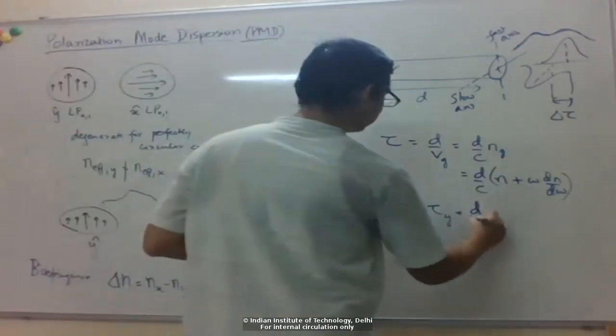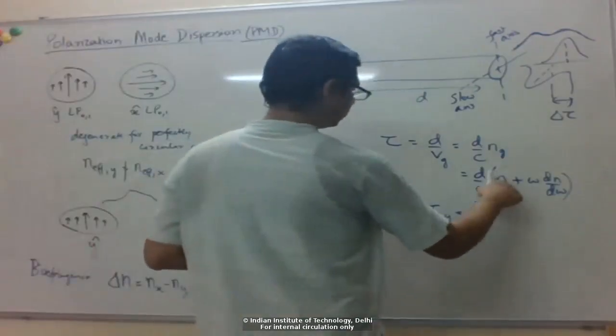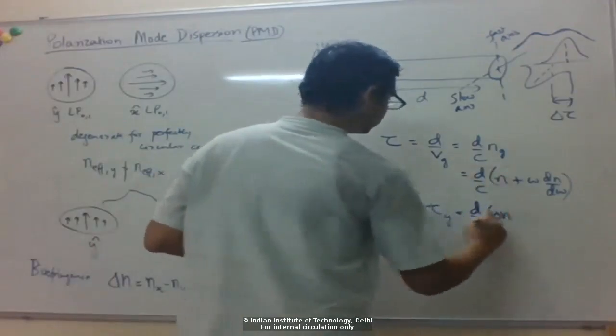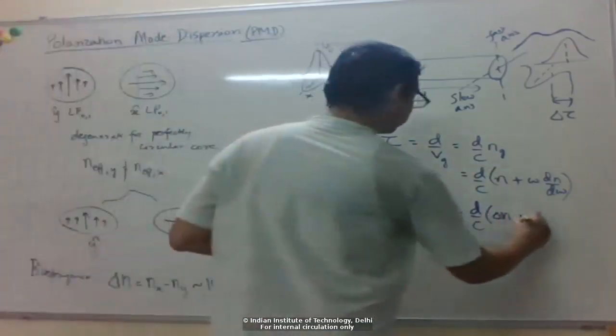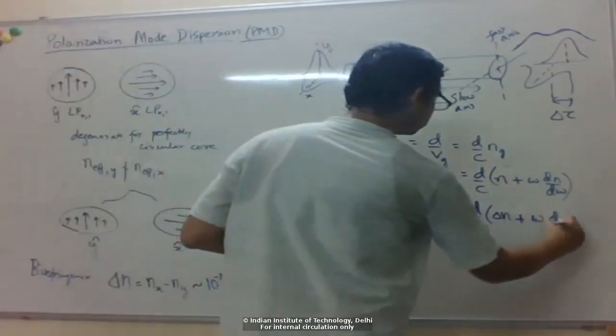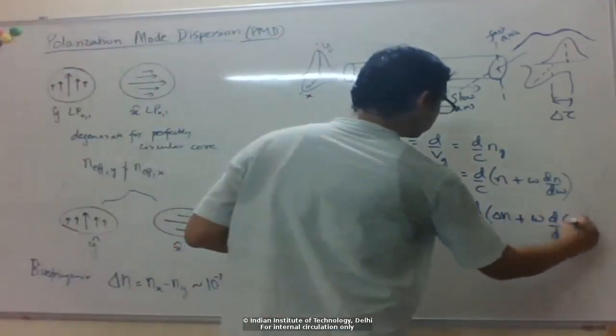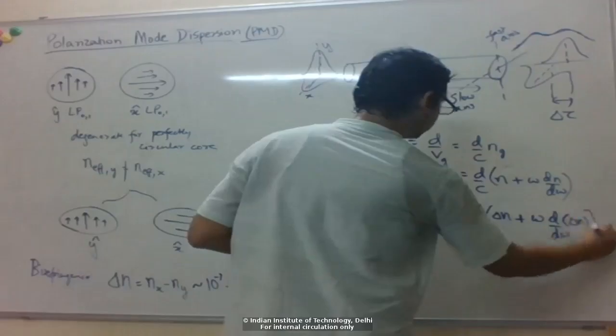From here you can see it's straightforward. It will be the difference index here, delta n, and then we'll have d delta n by d omega.